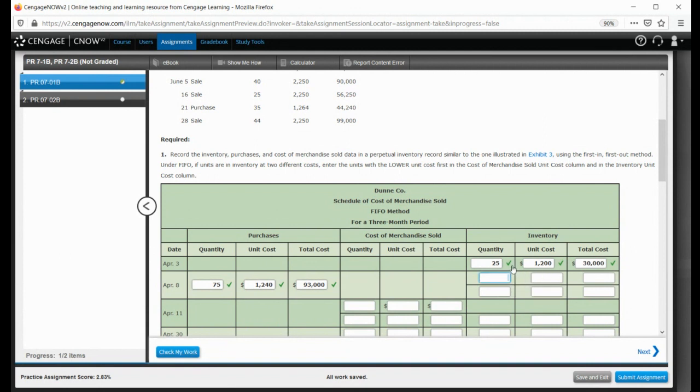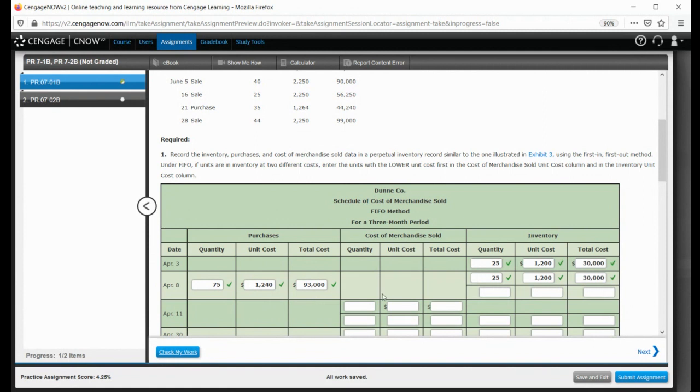So what I'm going to put down here, I'm going to bring down the amount of the merchandise that I had in my beginning inventory first, because we need to show that 25 items of this are already in our merchandise inventory at 30,000.